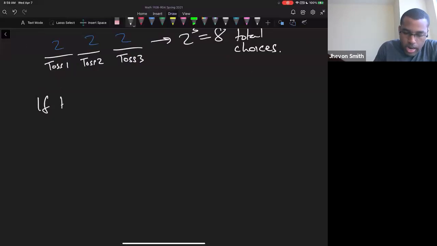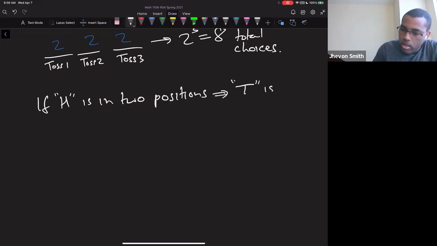If heads is in 2 positions, this means tail is in 1 position.